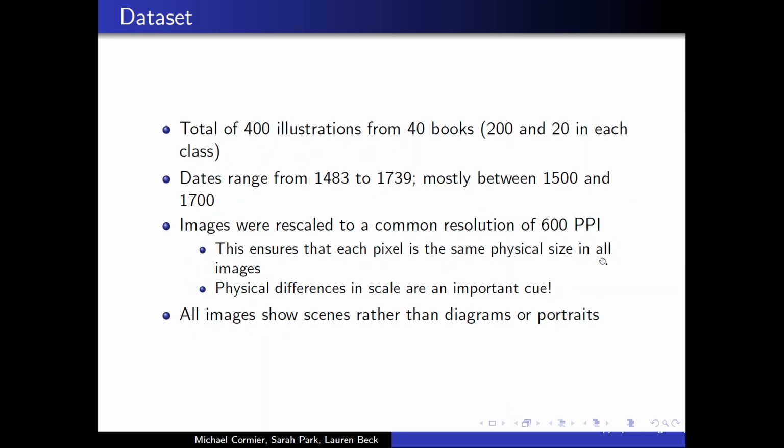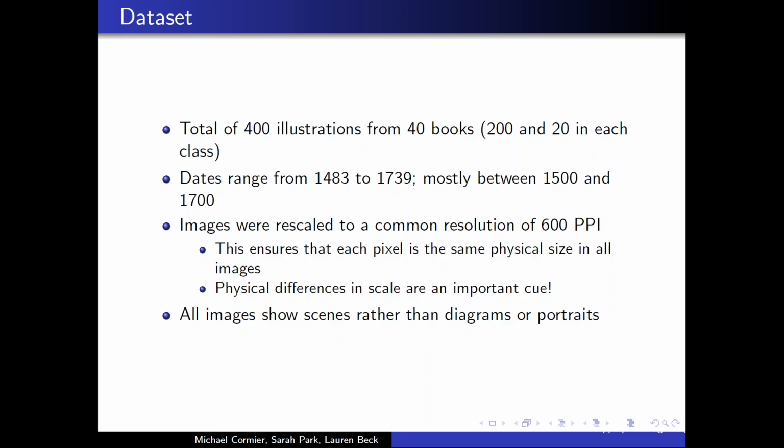In our data set, we use a total of 400 illustrations from 40 books, equally divided between woodcuts and copperplate engravings. The dates range from 1483 to 1739, but most of the sources are between 1500 and 1700. We rescaled all of the images to a common resolution of 600 ppi, regardless of the original scan resolution, which ensures that each pixel is the same physical size in all of the images.